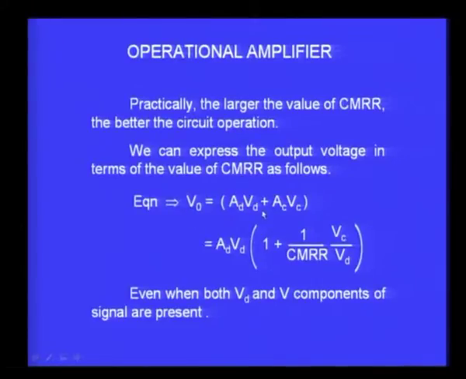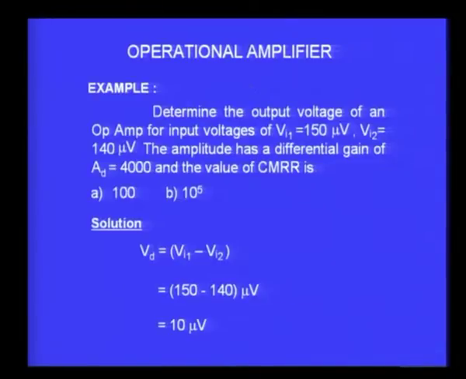Output voltage is equal to AD Vd plus AC Vc. If I take this AD Vd common outside, it becomes 1 plus 1 by CMRR into Vc by Vd, because AD by AC is CMRR, it is coming in the denominator, therefore 1 by CMRR Vc by Vd. So, this formula is useful in doing some simple problems, therefore, I am trying to indicate to you.